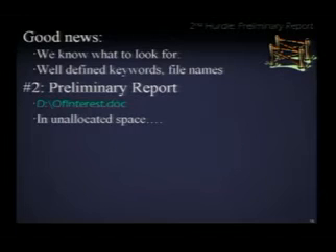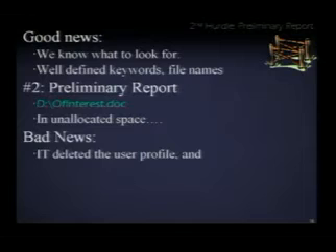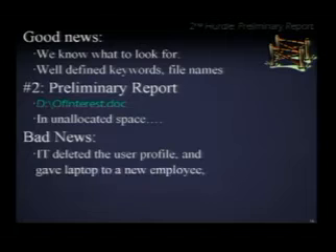Now this means that at first glance we may not know what this piece of data means, other than the fact that it seems to refer to an external drive. Furthermore, there's some bad news. The reason it's in unallocated space is we find out that IT deleted their user profile after the employee left, and then they gave the laptop to a new employee, which complicates forensics in terms of attributing this to the next person, differentiating between the next person that was in possession of the laptop.